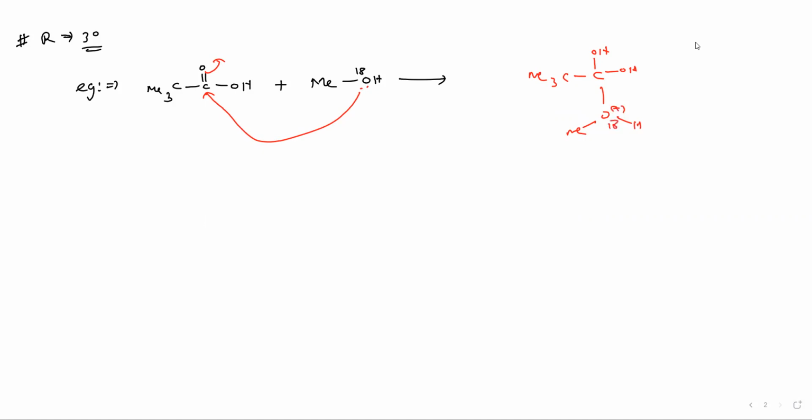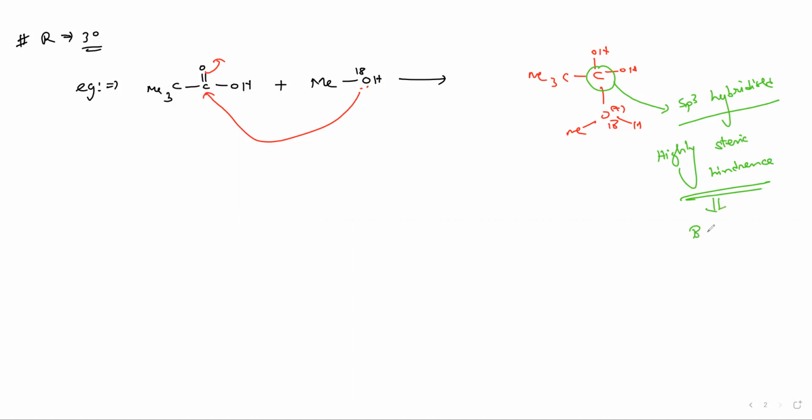Now look, if you consider this carbon, sp3 hybridized, highly steric hindered, due to high steric hindrance the bond angle is 109 degree 28 minutes.